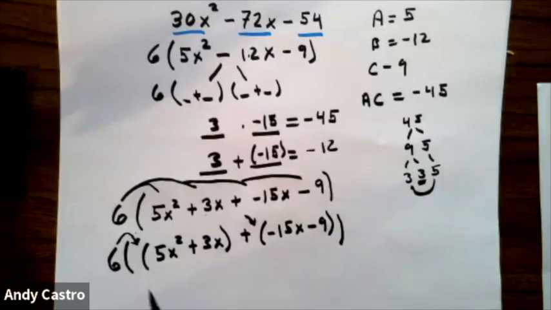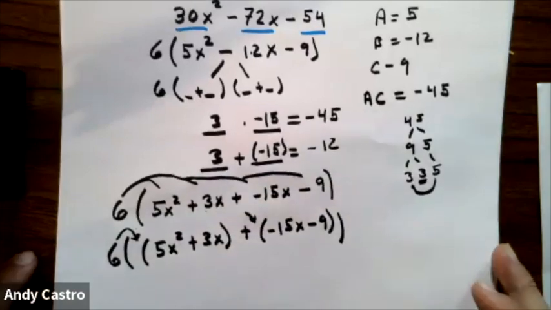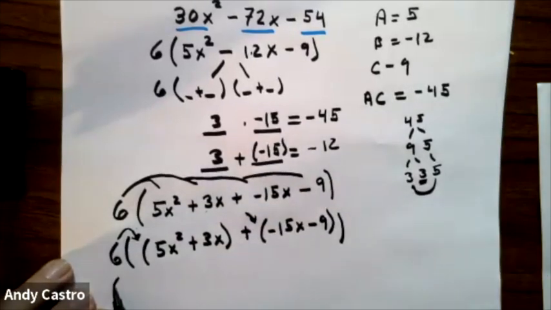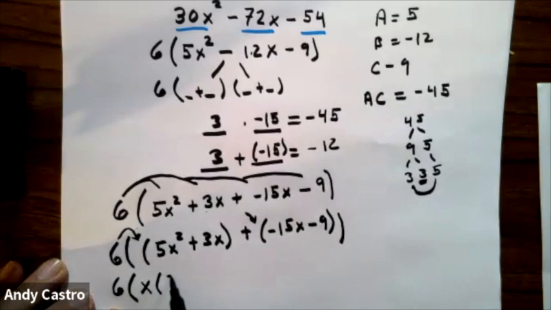Now, I have 5x squared plus 3x here plus negative 15x minus 9. Let's start taking out the common factors. So out of here, I don't have a common factor of 5 and 3, but I do have at least one x. I'm taking one x out, and I'm left with 5x plus 3.